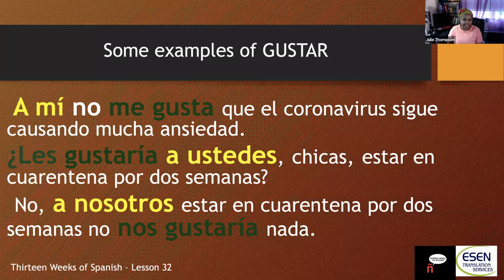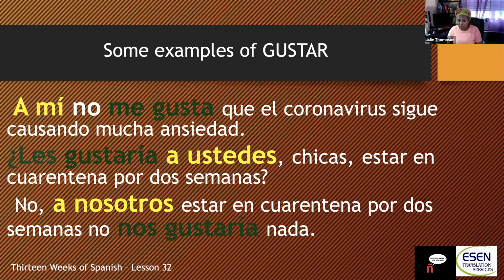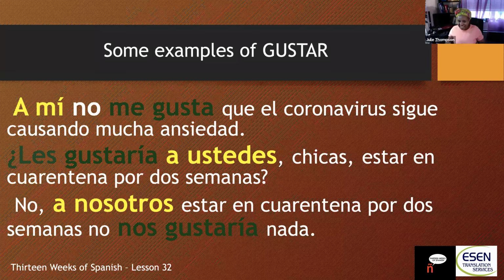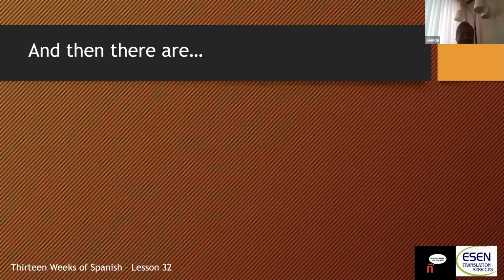For instance, if I say, that boy likes me, what I'm saying is I am pleasing to that boy. And that's where you'd have a gusto. So when you get involved with your teenagers in the congregation, you have to know how to conjugate it correctly. But that'll be in the bigger class.